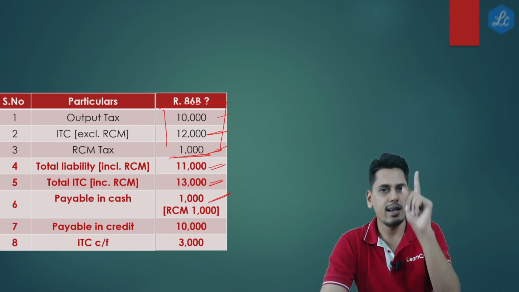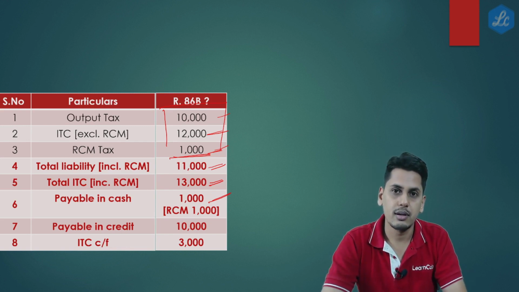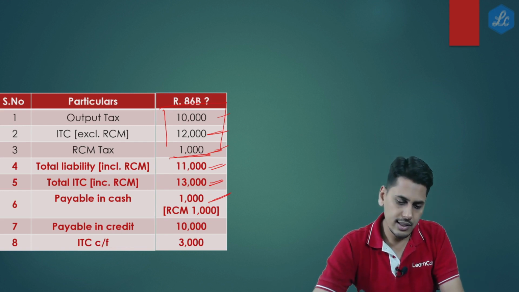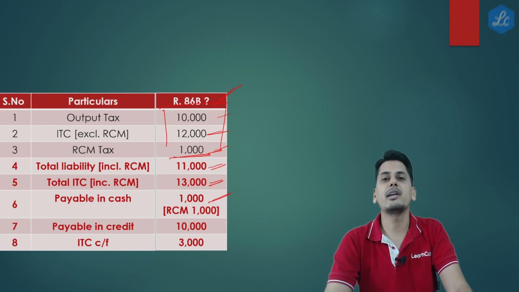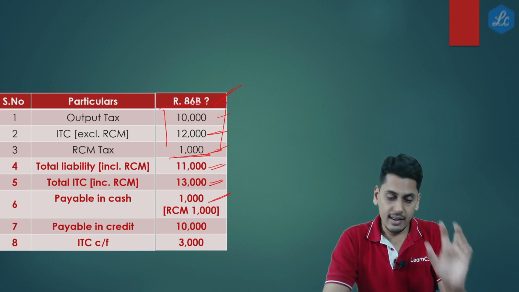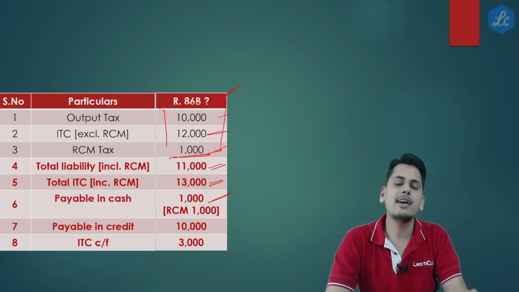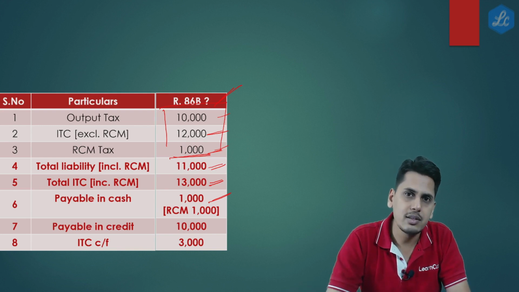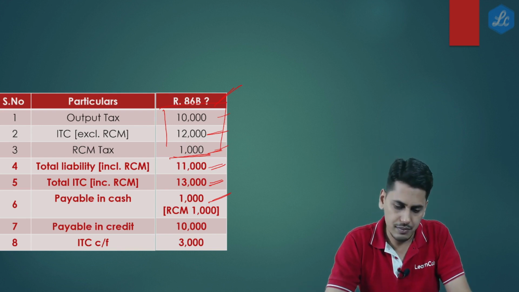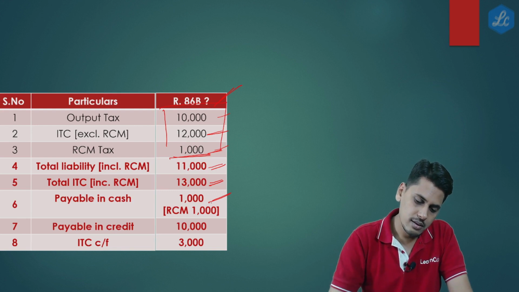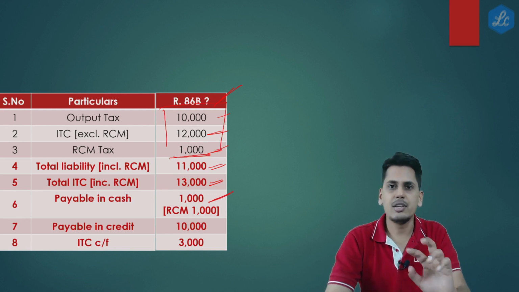Now friends, let's take scenario number 1. And in this logic of scenario number 1, let's try and analyze whether 86B is getting satisfied. Now friends, 1,000 is my RCM liability, I have discharged it through cash.